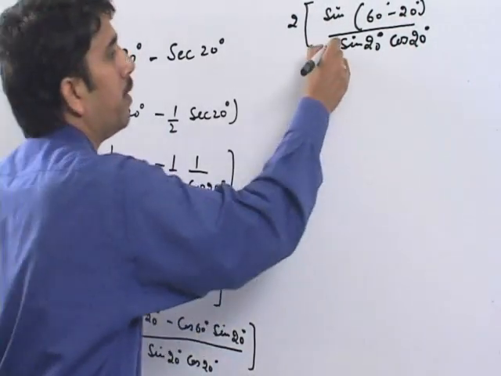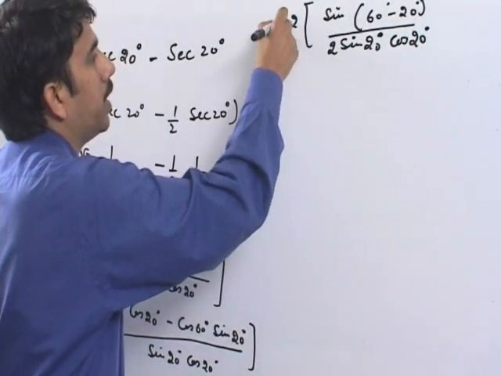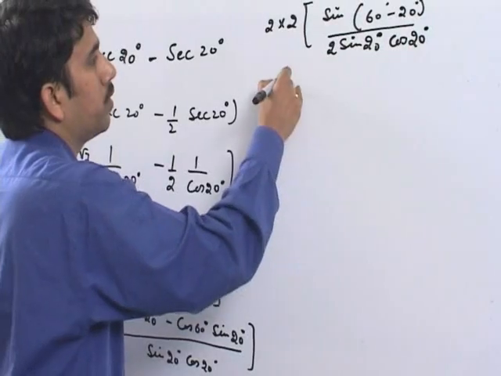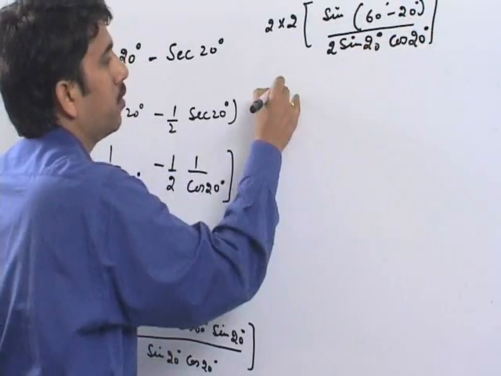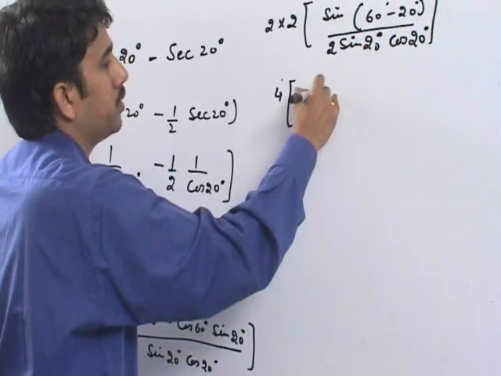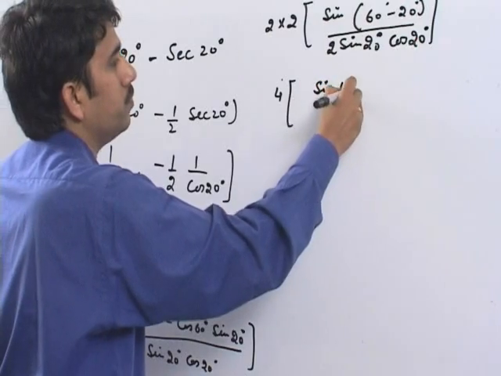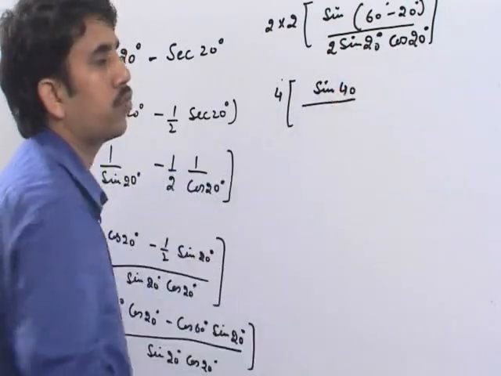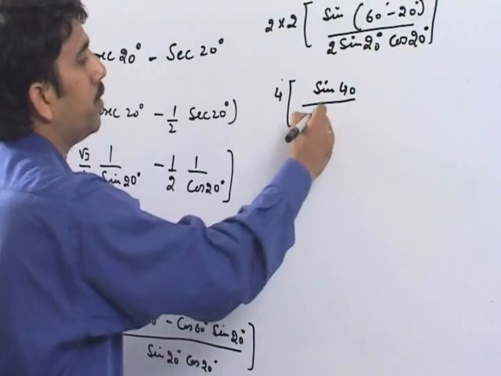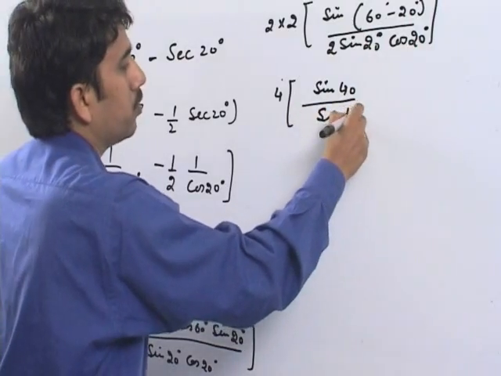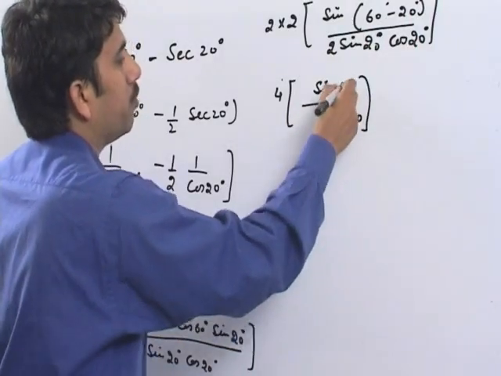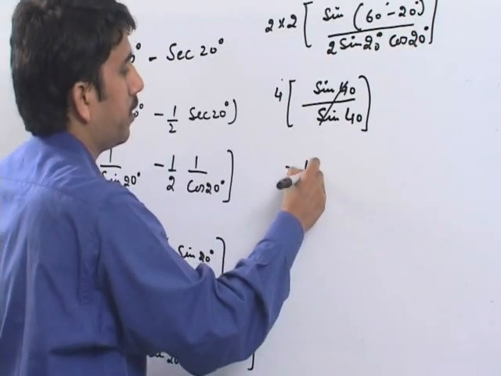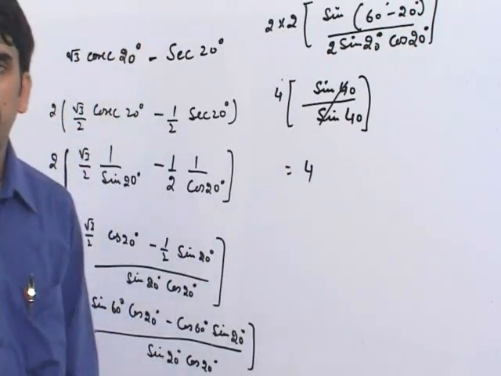Now if you multiply this by 2 and also multiply here by 2, this will become 4 into sin 40 over 2 sin A cos A. This is equal to sin 2A, that means sin of 40 degree, which will be cancelled out and you will be left with 4. This is the answer.